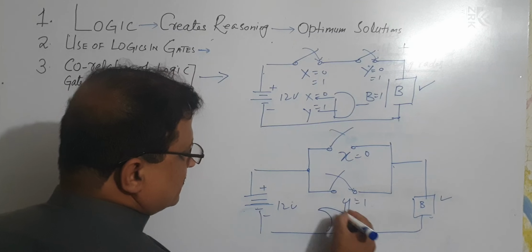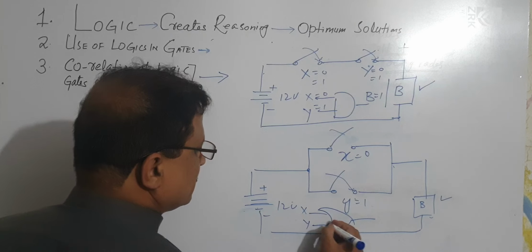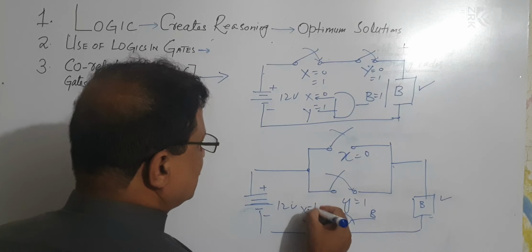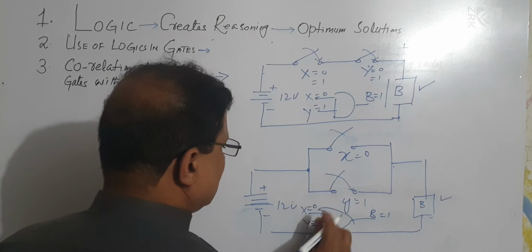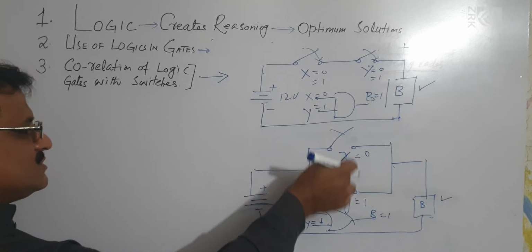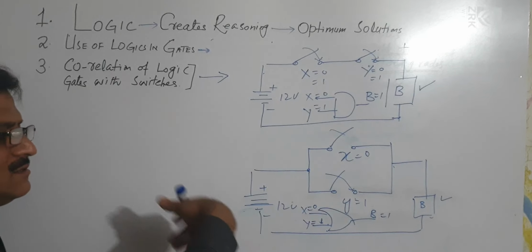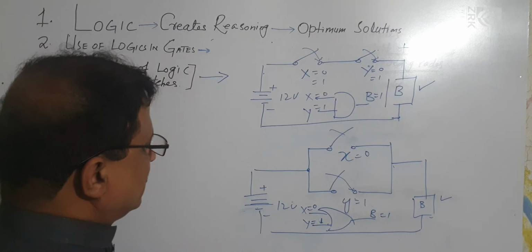So it resembles an OR gate with two inputs X and Y, and this is B. If any of these two inputs is 1, the bulb will turn on. So these two switches connected in parallel work just like an OR gate.